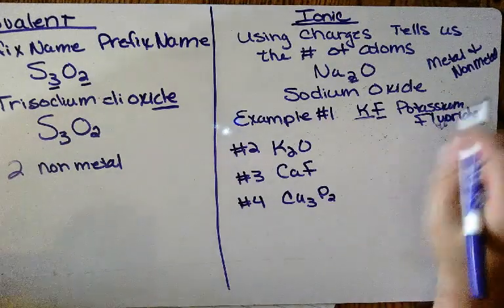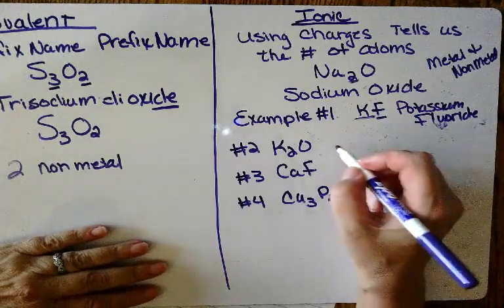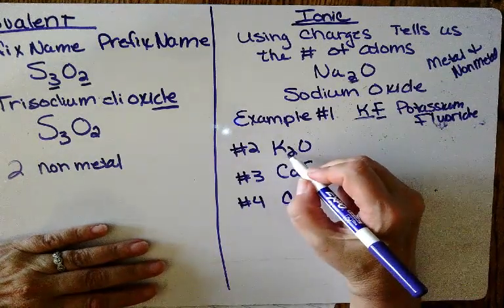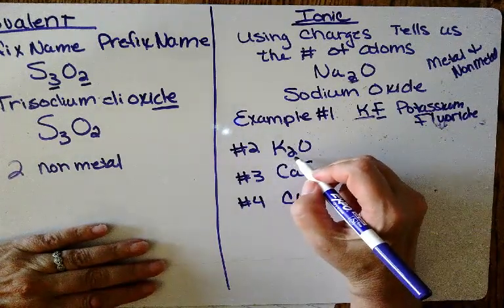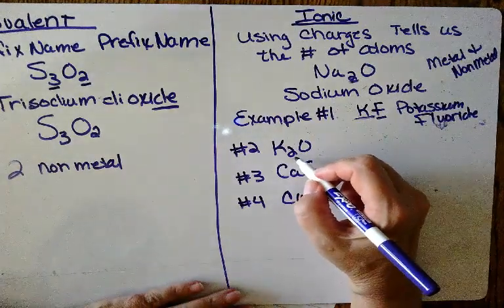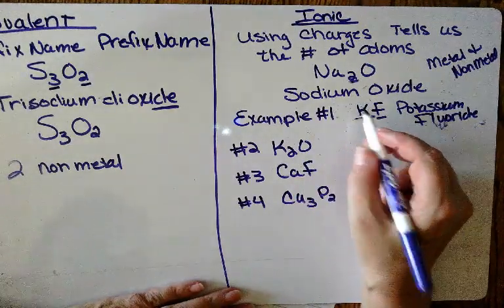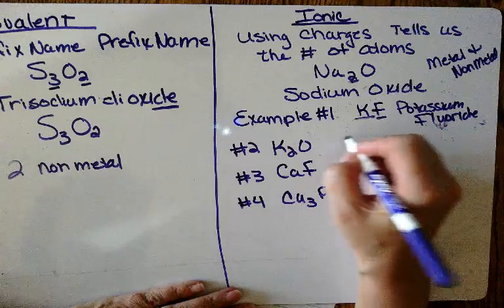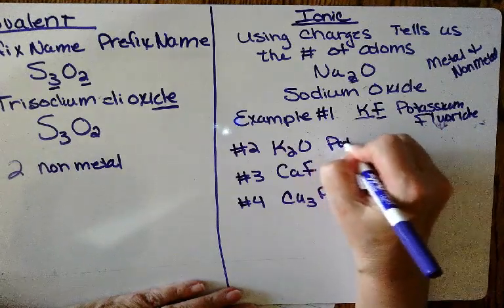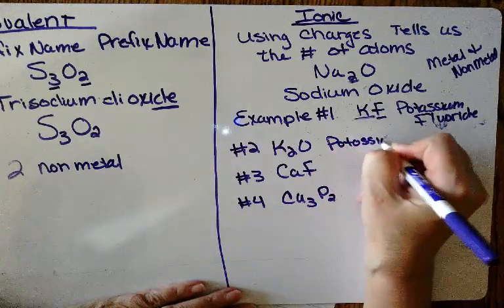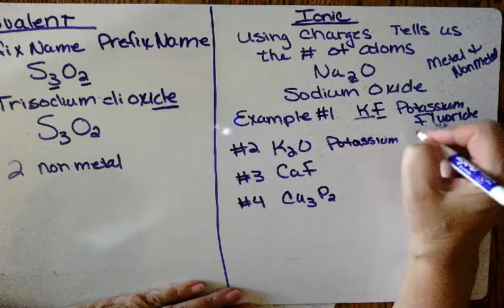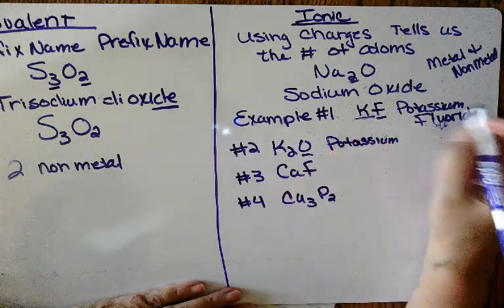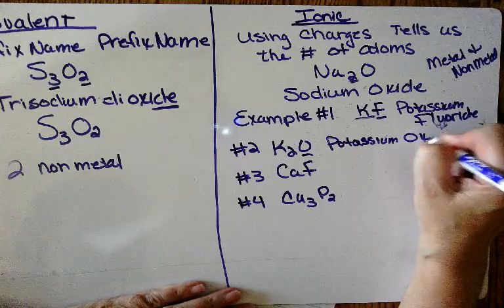And this should all be on one line, but I ran out of room there. So let's do the next one. I have potassium again. Notice I do have more than 1 potassium. I have 2 of them, but this is an ionic compound, so we are not going to use those prefixes. So I have potassium. And this is oxygen. We change that to oxide.